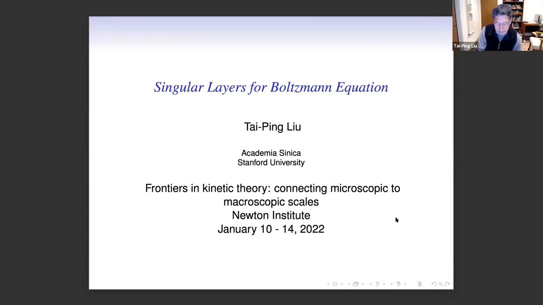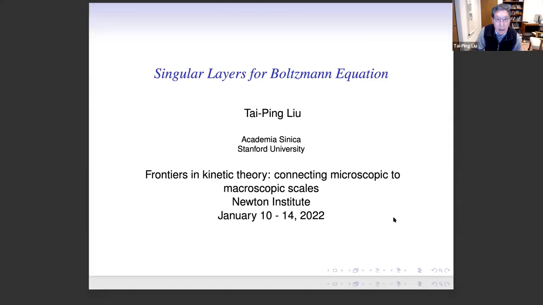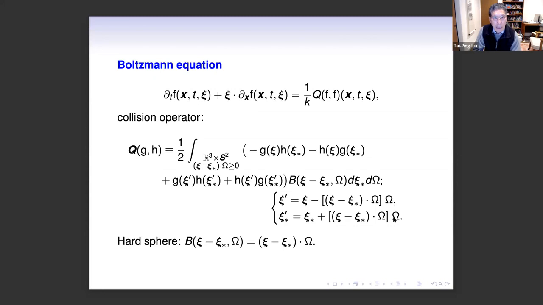Okay, so I think everybody knows the Boltzmann equation, and I will consider these singular layers, which need a lot of nonlinear quantitative description. And the purpose is to relate the Boltzmann equation to fluid dynamics.